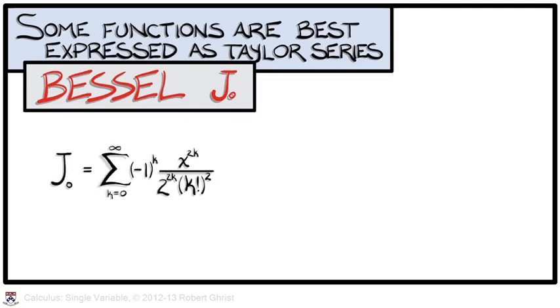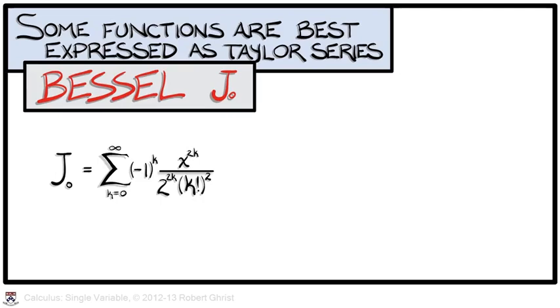Some functions really can't be defined well except as a Taylor series. Here's an example that I'll bet you've never seen before, though it's a famous function. This is the Bessel function, J0, that is most easily defined in terms of its Taylor series as the sum, k goes from 0 to infinity, -1 to the k, times x to the 2k over 2 to the 2k times k factorial quantity squared.